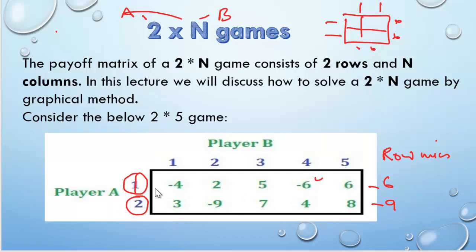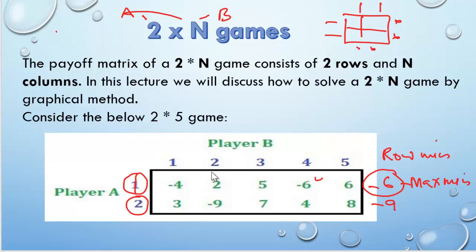For player A, we see the minimum gain I am having, and among these minimum gains player A will try to maximize the minimum gain, so we try to find the maximin. I see -6 is bigger than -9, so this is my maximin.